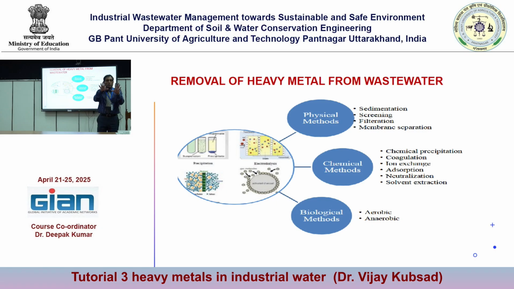You chemistry background people will find out which is the best one, because with chemical precipitation you can achieve 100%, 99%, 95% removal, because you are using a chemical to precipitate. Are you removing completely? No. Your aim is also to reduce the toxicity as much as possible, right?